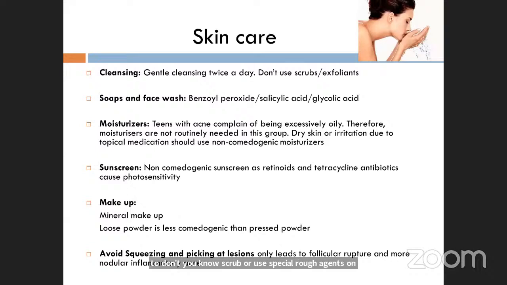What kind of cleansers do you use, since the skin is mostly oily? So we use benzoyl peroxide cleansers, salicylic acid cleansers, and glycolic acid cleansers. A combination of one or two together is mostly used. I have no conflict of interest, so I will just give a few of the trade names that we use, because skin care is basically about picking the right product.